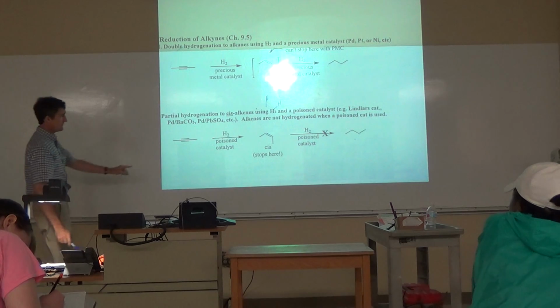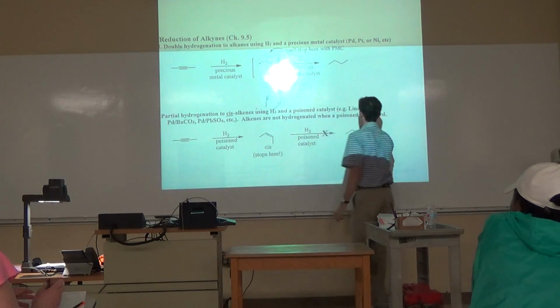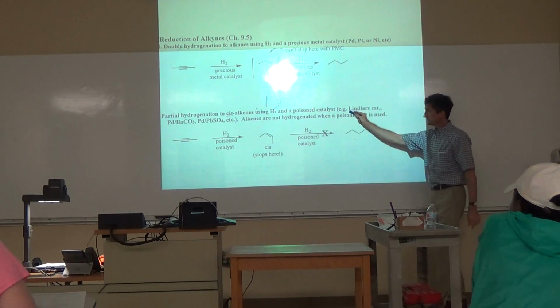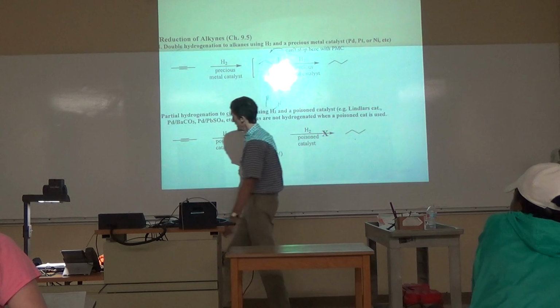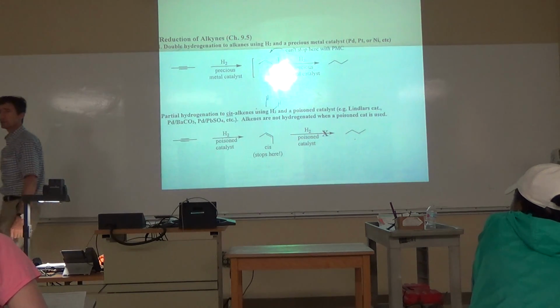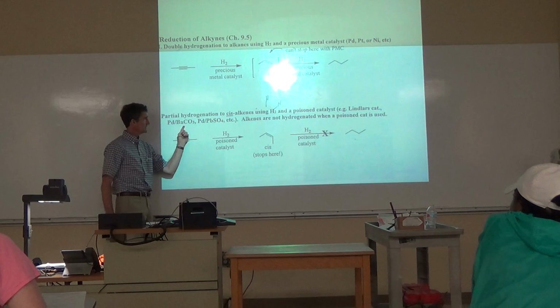What are your examples of poison catalysts? The most common one is actually Lindlar's catalyst. That's a pretty darn common name there. That's probably palladium mixed with some type of heavy metal salt, like barium carbonate, lead sulfate.